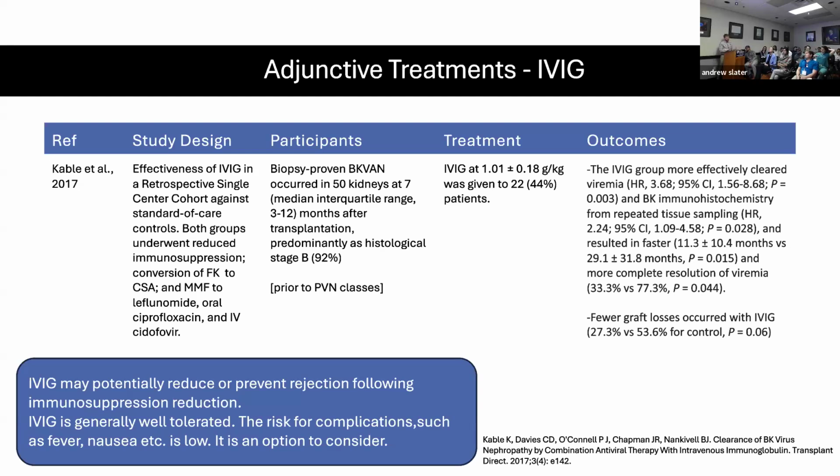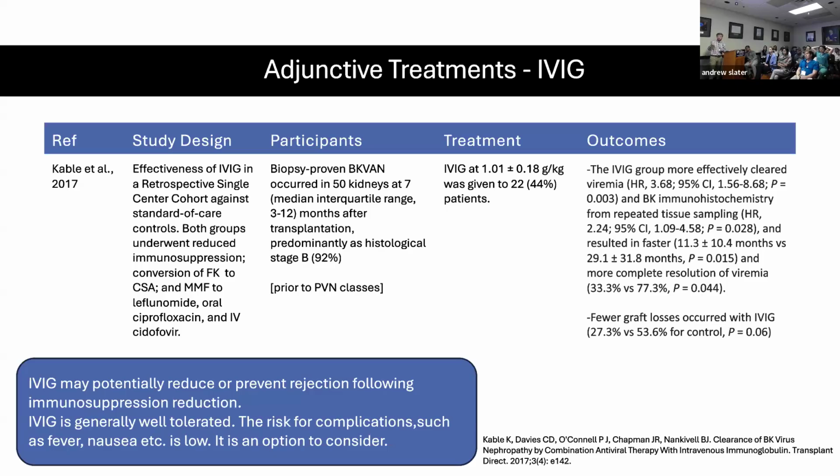So this is a lot of treatment, a lot of management. They had biopsy proven BKVAN occurring in 50 kidneys at 7 months after transplantation, and this was prior to 2018, so they called it histological stage B, prior to the BKVN classes.